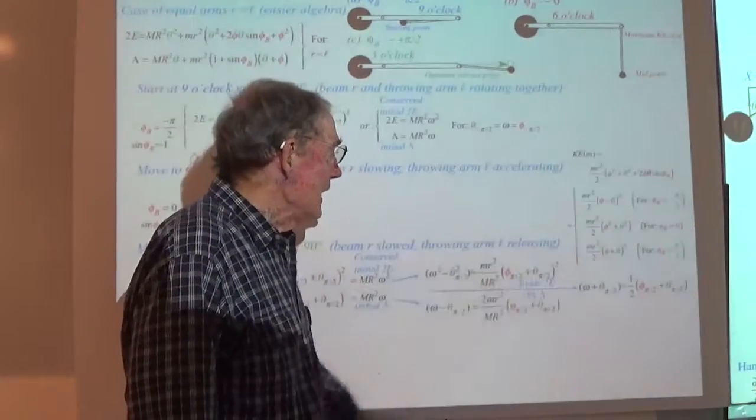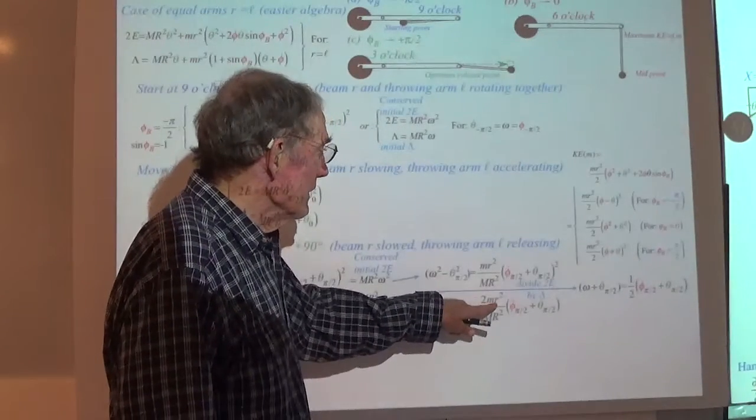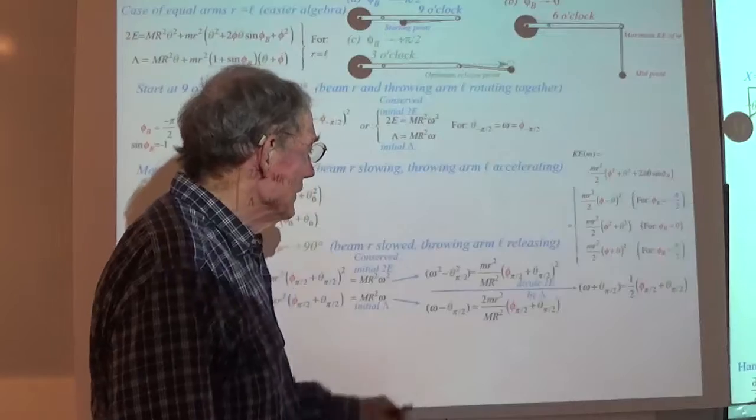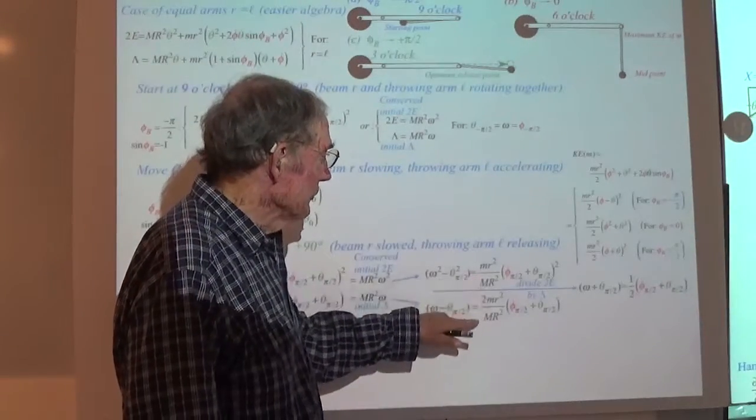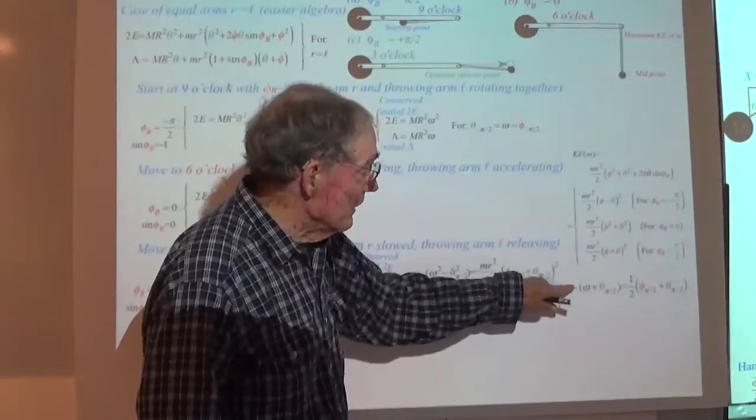So this cancels that, and then I have an mr squared here, so I get rid of that. These two disappear, except for the factor of 2, so we end up with a 2 in the numerator. This is a fraction line.